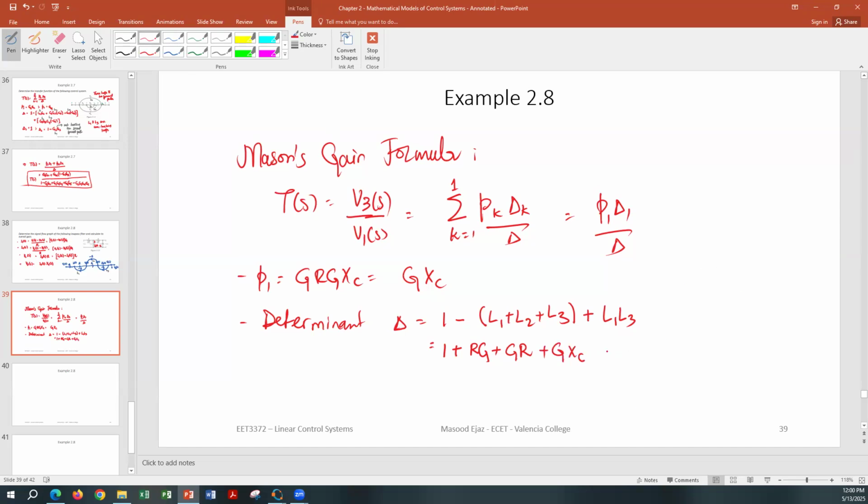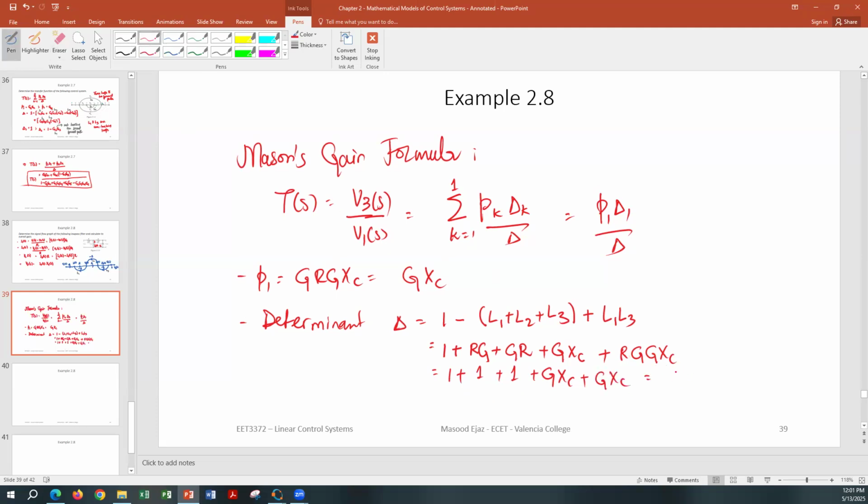And L1 L3 is going to be R times G times X_C. Again, G and R are reciprocal of each other, so I'm going to put 1 for those. 1 plus 1 plus 1 plus G times X_C plus R times G is 1, so G times X_C.